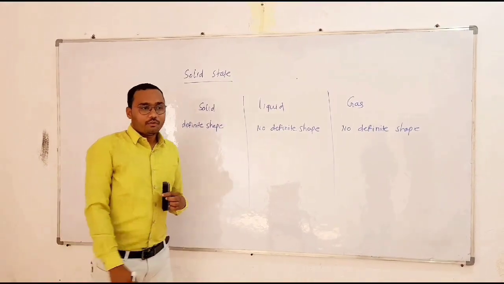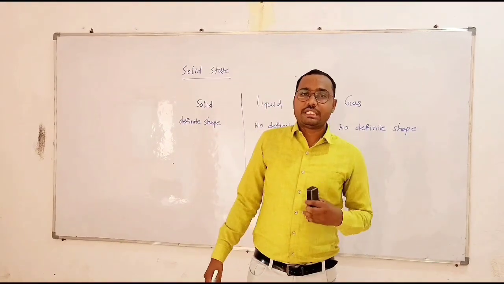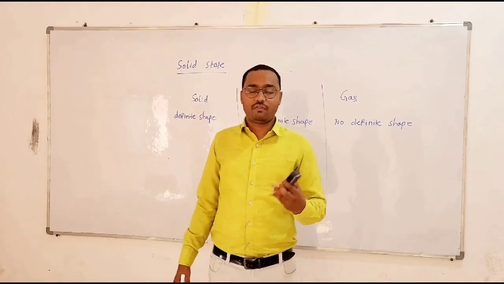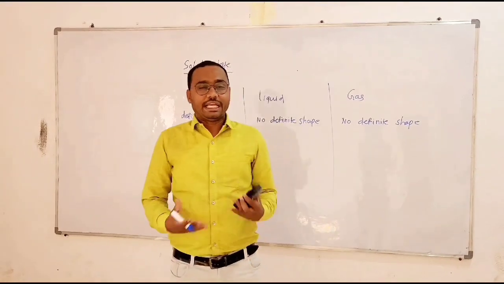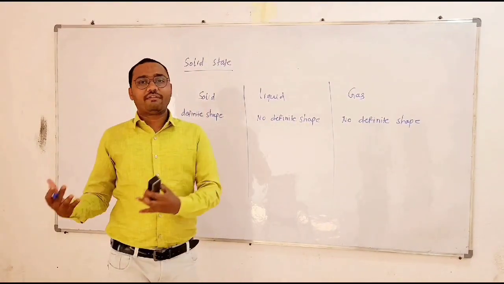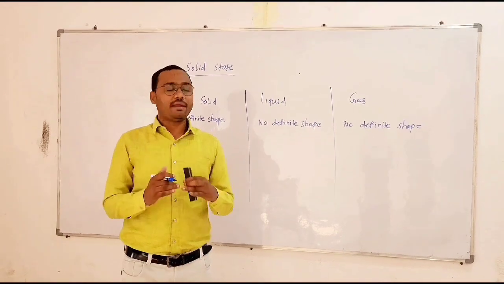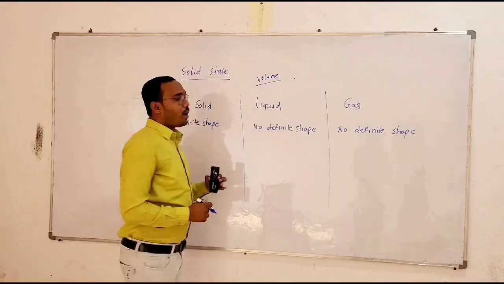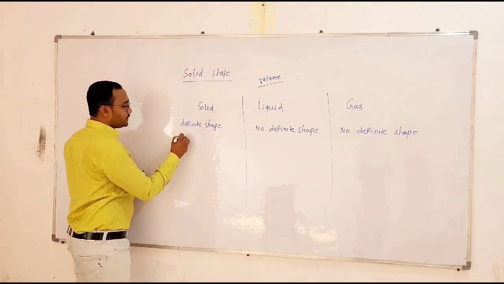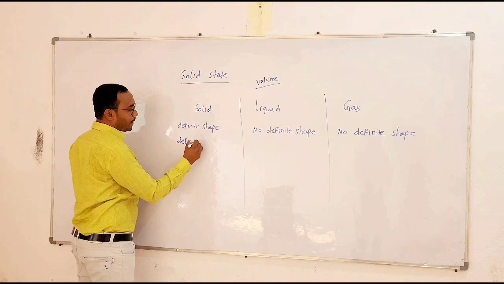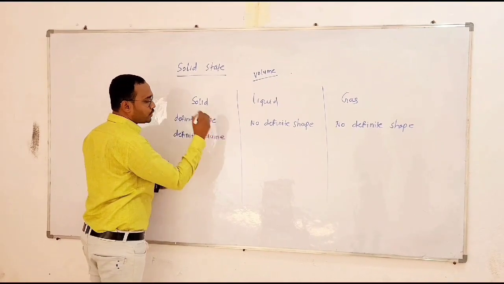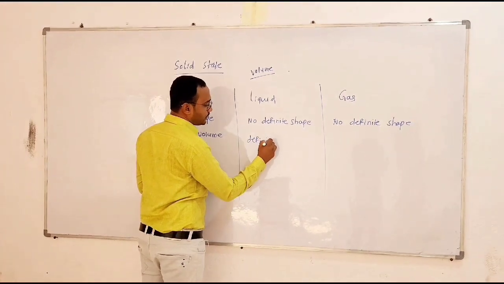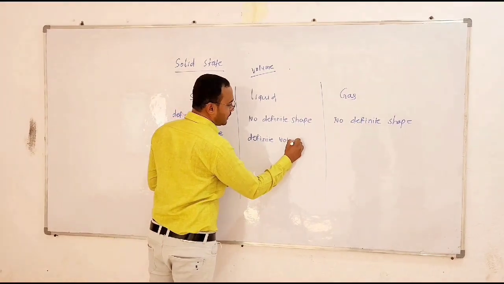But we also observe that the liquid changes its volume when we increase the temperature, with the exception of water. So when we increase the temperature, the volume of liquid also changes. But at the same temperature, when we measure the volume of the three states of matter, we observe that the volume of solid remains the same. In case of liquid, also the volume remains the same.